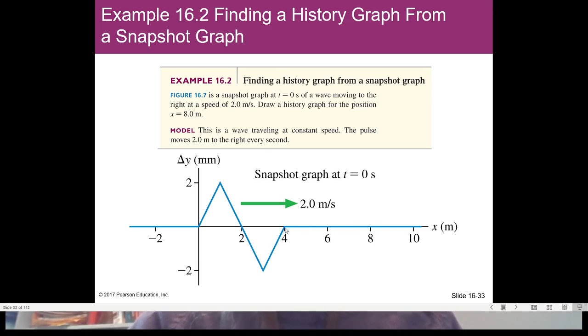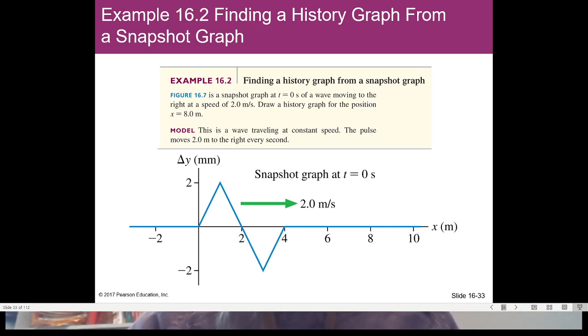That's not going to happen until the leading edge gets here. Now, if it's going at 2 meters per second, then 1 second later from t equals 0 seconds, the leading edge will be here, and then 1 second after that, the leading edge will be here. So it's only 2 seconds later that we're going to actually see something.